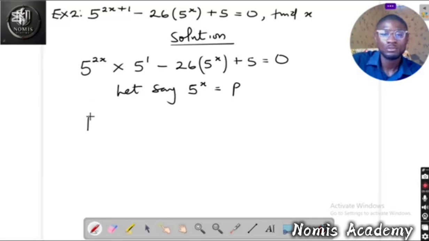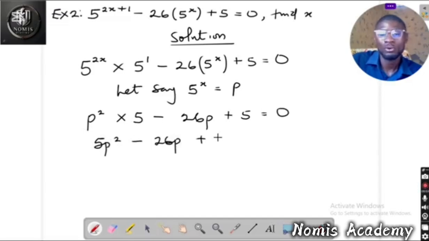So this becomes p squared multiplied by 5 minus 26p plus 5 equals to 0. So p squared multiplied by 5 becomes 5p squared minus 26p plus 5 equals to 0.